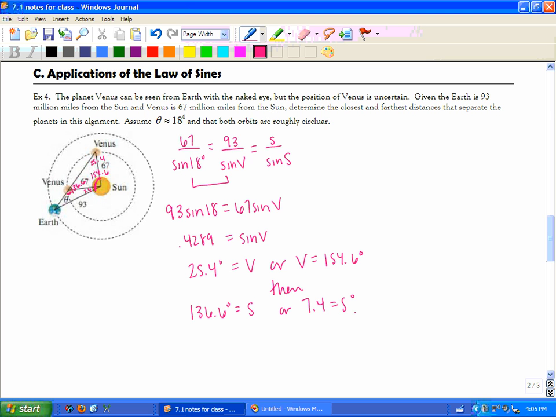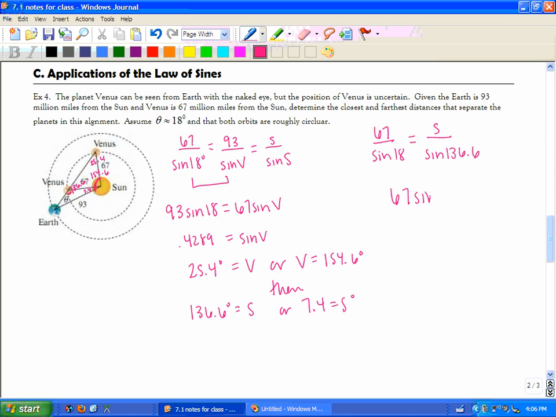Based on either one of those two possibilities, we can continue this, and if we plug those in, we could have 67 over the sine of 18 equals S over the sine of 136.6.